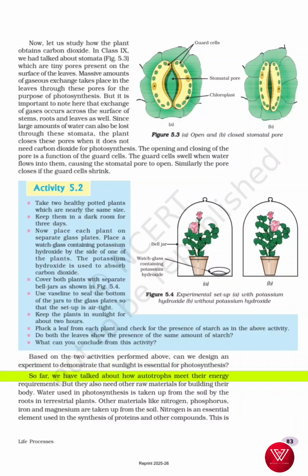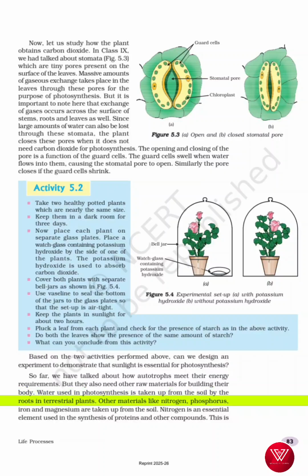So far, we have talked about how autotrophs meet their energy requirements, but they also need other raw materials for building their body. Water used in photosynthesis is taken up from the soil by the roots in terrestrial plants.